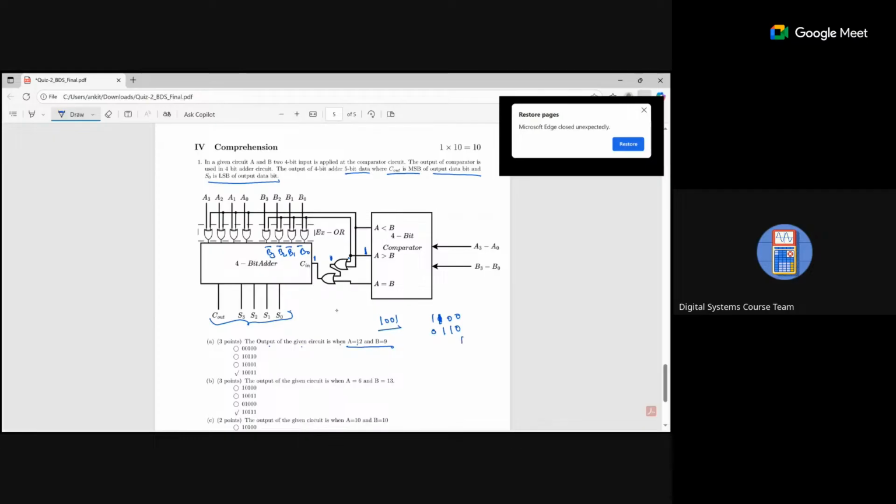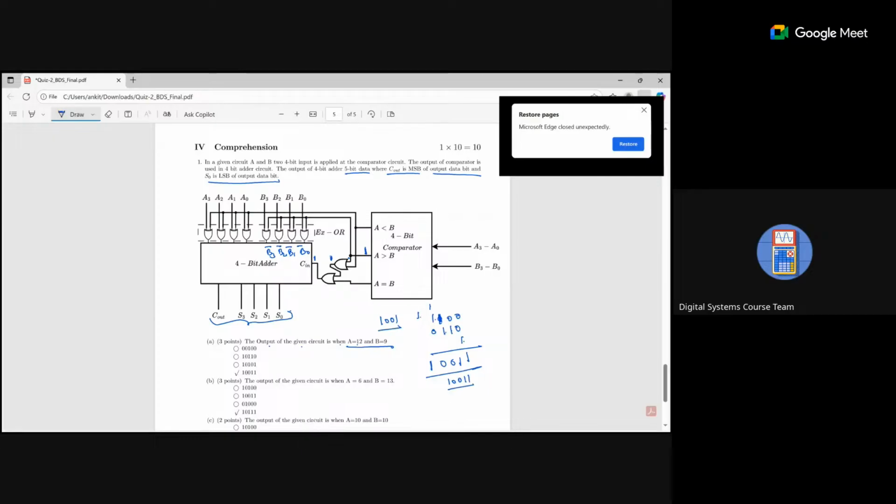So that means C is also 1. So 0 plus 0 plus 1 becomes 1, 0 plus 1 becomes 1, 1 plus 1 becomes 0 carry 1, 1 plus 1 becomes 0 carry 1. So the output is 1, 0, 0, 1, 1.